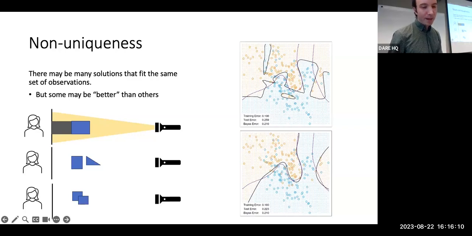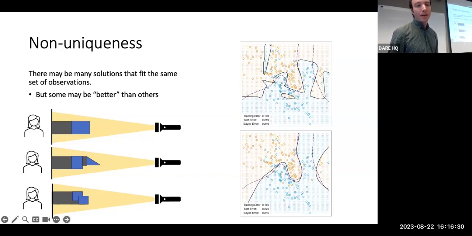There might be multiple different objects in front of the torch that produce the same shadow, but the person looking at the screen would have no idea of the configuration of the different geometries. So many solutions may fit the same observations, but there are definitely some qualitative ways we can tell that some solutions may be better than others. For instance, here on the right is a great example of overfitting.